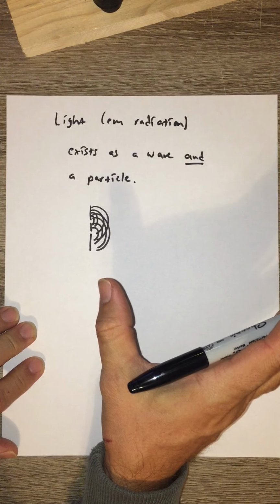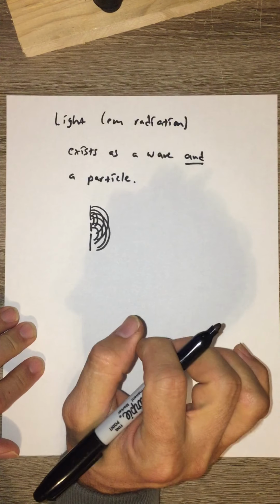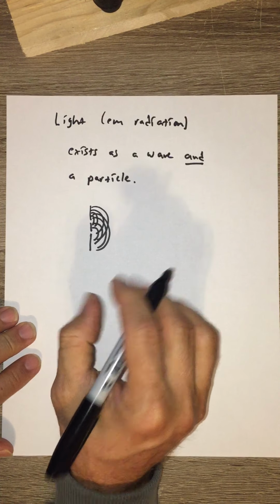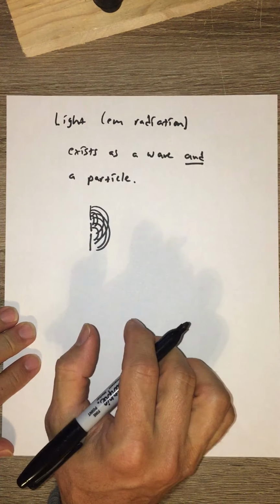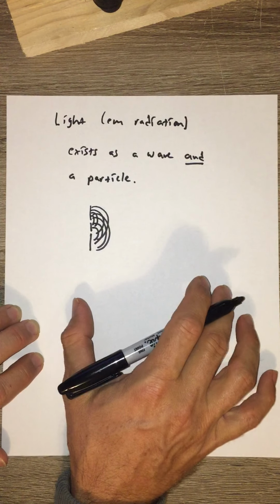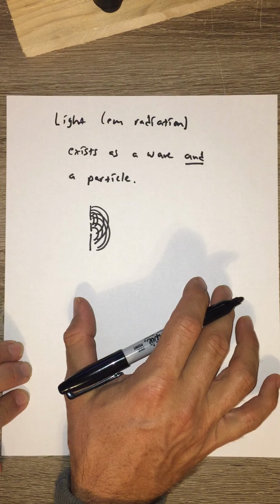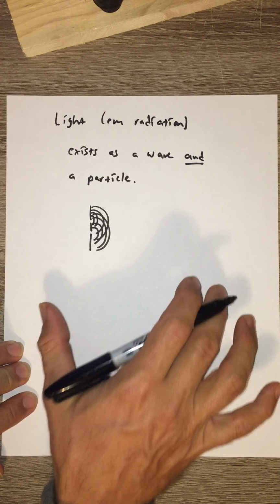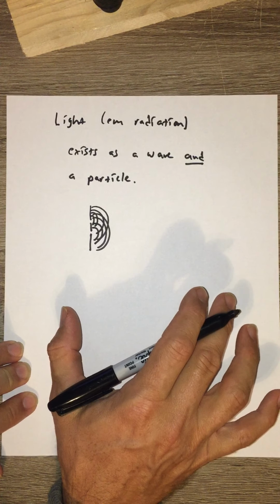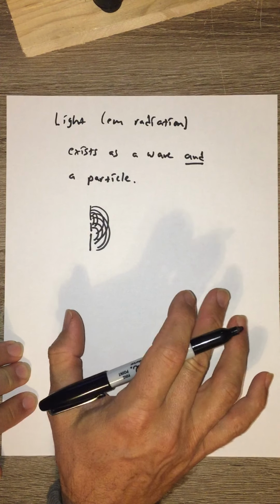As far as how to explain that, good luck. This is actually one of the great mysteries of quantum mechanics, why this is the case. But in some ways, the role of science is not to answer that question, why is the universe like it is? The role of science is to say, given the universe as it is, can I describe it mathematically? And it turns out, yeah, we absolutely can.